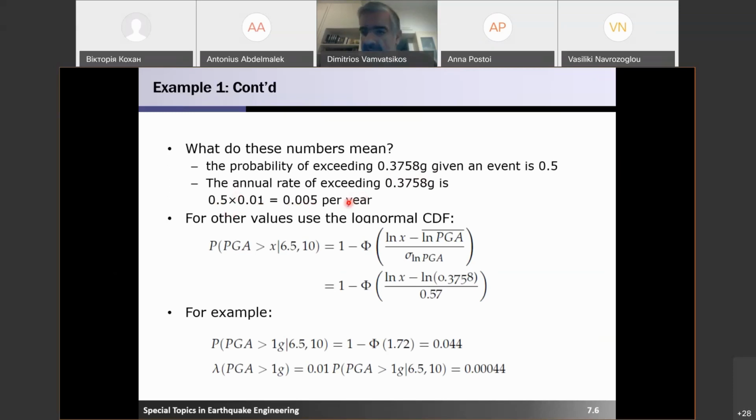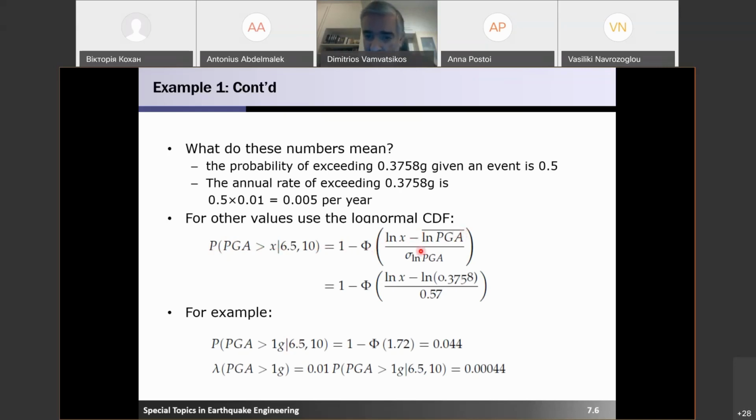Very simple, very easy. Now, if you want to estimate the rate for any other value of interest, you need to use the log normal CDF. Oops, there's a G missing here. That's fairly easy. You can say that the probability of PGA exceeding any value of X, given your scenario, is 1 minus phi, the standard normal, of ln X minus ln PGA.